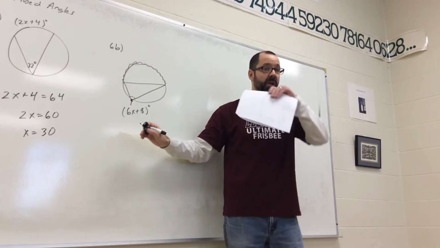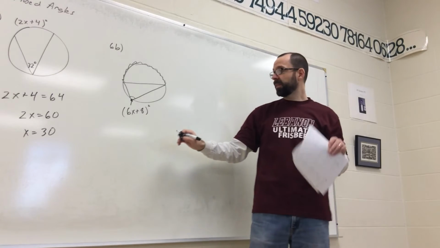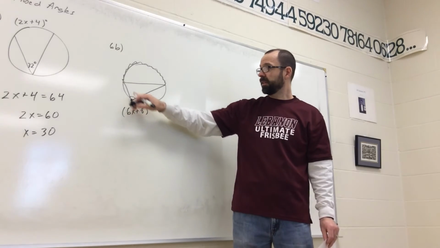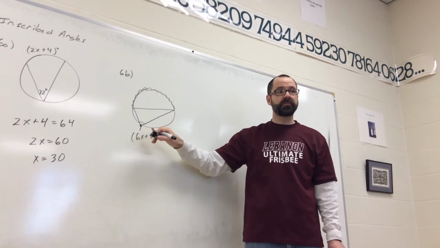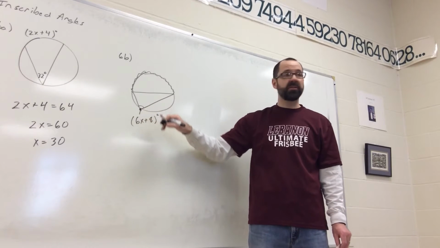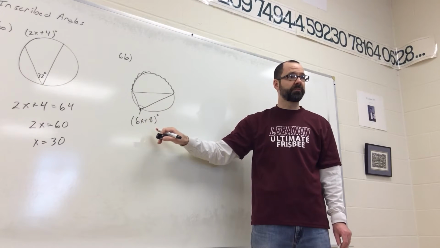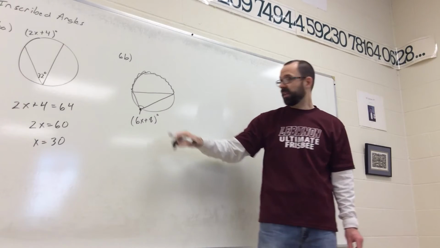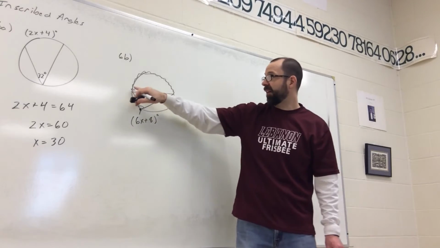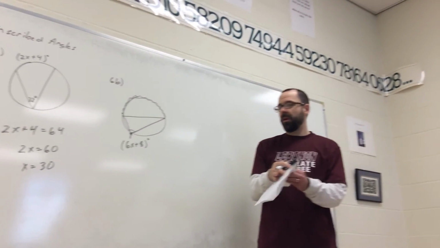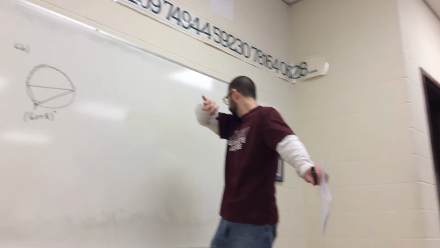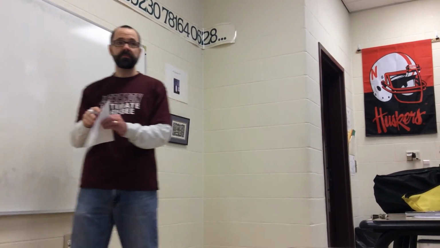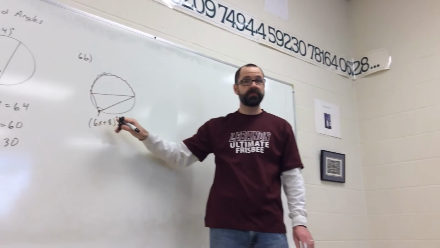Because it's half the circle. And then this angle is inscribed. So how big is this angle? 90, right? Because it's half the 180. Inscribed angles are always half the arc. Everybody see why that's 90?